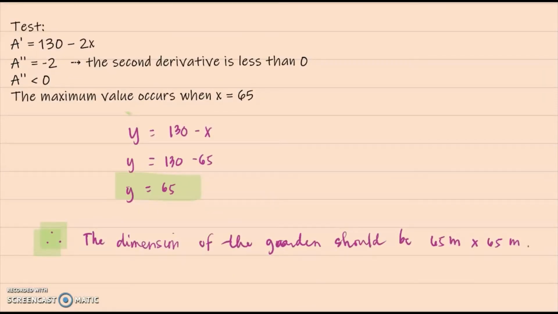Meaning our garden is a square, and a square is a rectangle. So that's it. That's how to basically solve optimization problems.